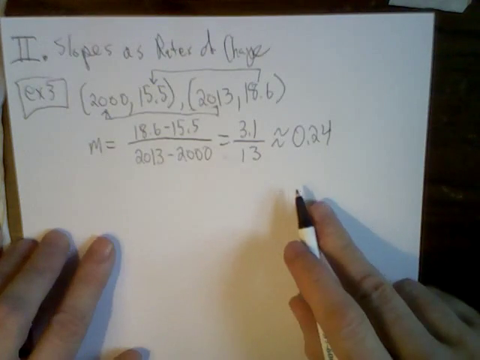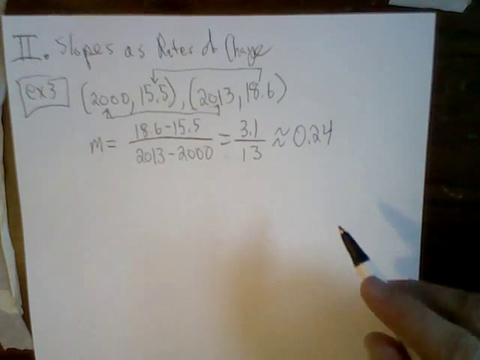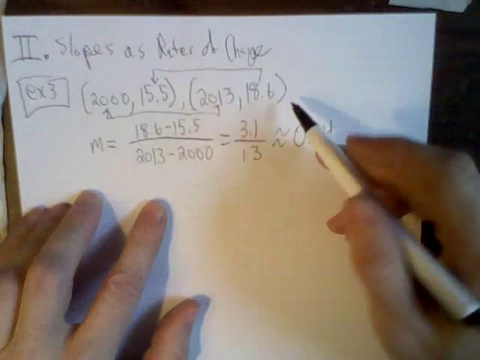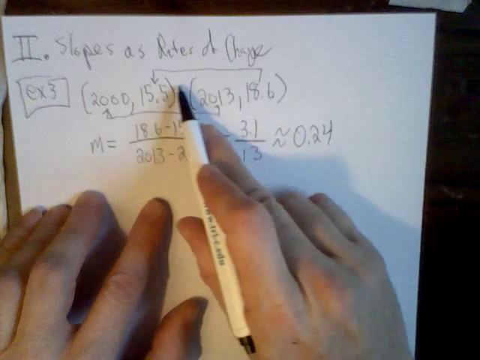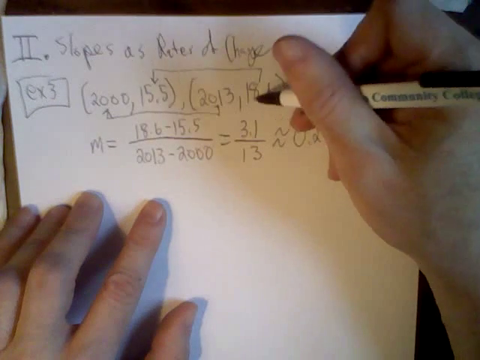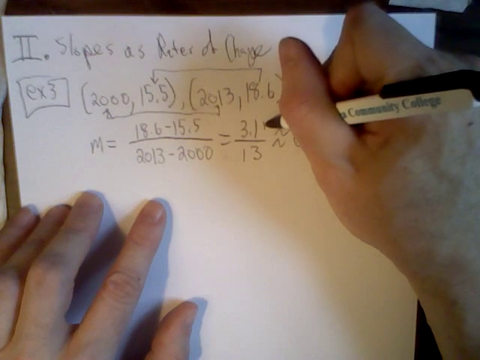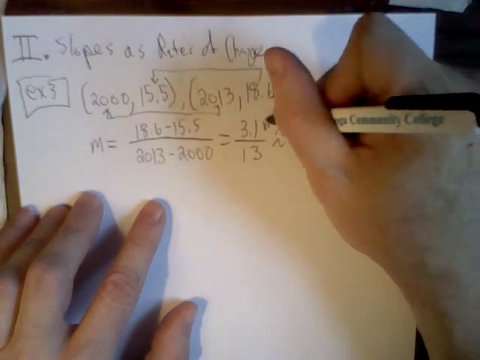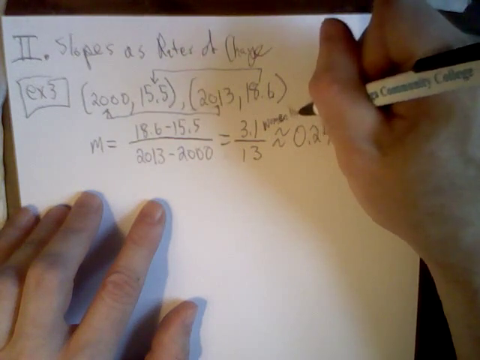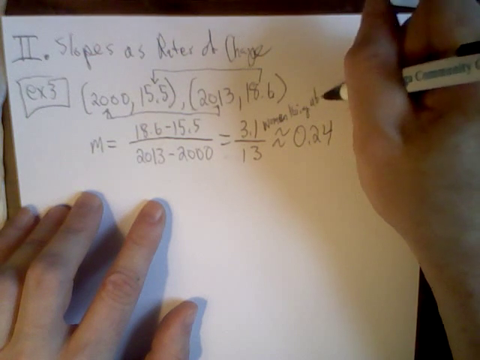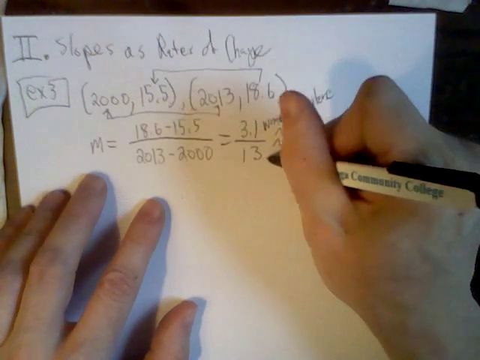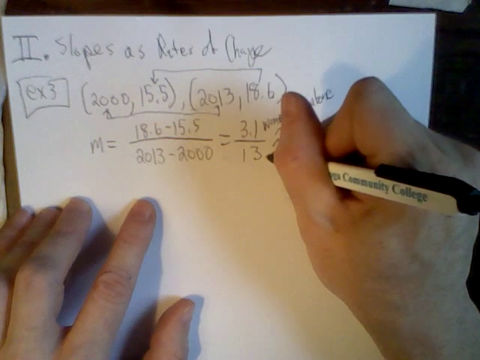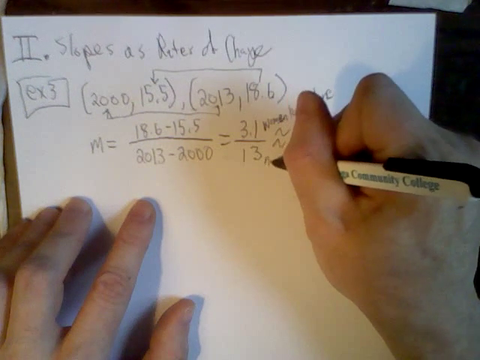Okay, so we need to know what this number represents. If you know what these are, this represents millions of women living alone. So we can put that unit in here, women living alone. And down here, this is the number of years.